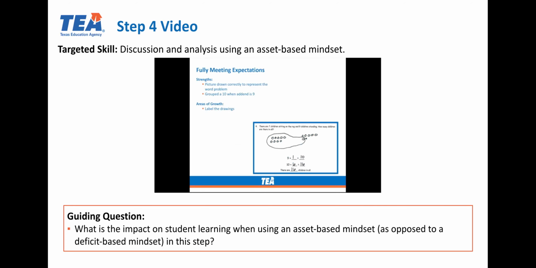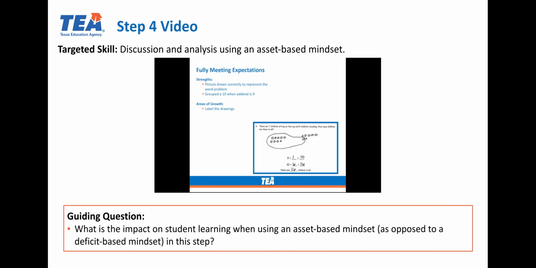We are going to start by looking at this sample that is fully meeting expectations. It may seem obvious to determine their strengths and counterintuitive to look for areas of growth, but we want to make sure that we are specific about what is going well so that we can build on those strengths.